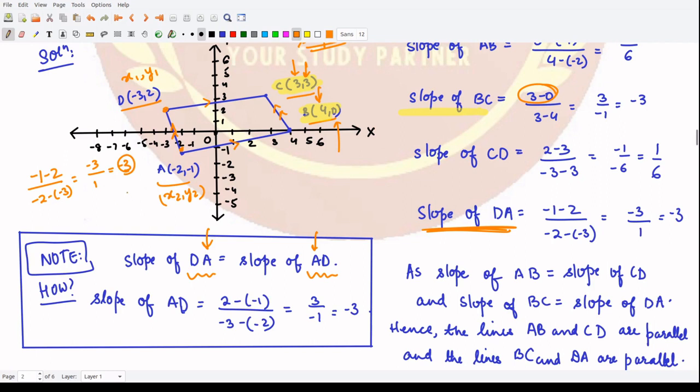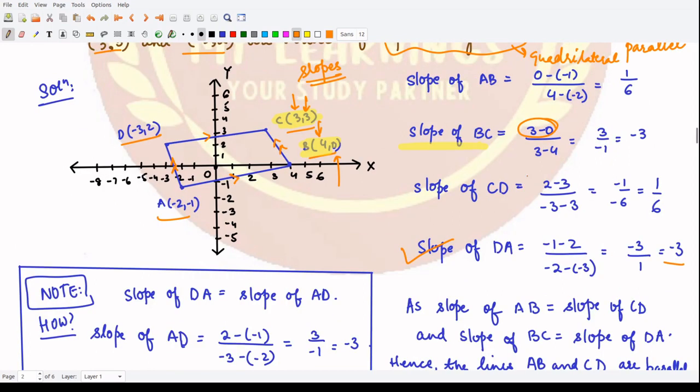And if you take the other way around, that means you calculate the slope for AD, taking A as the first point and D as the second point. In that case, you would have 2 minus minus 1 like this, and then minus 3 minus minus 2 like this. Once you simplify this, you again get the value minus 3. So both the values are the same, hence it does not matter which point you take first or last, correct?